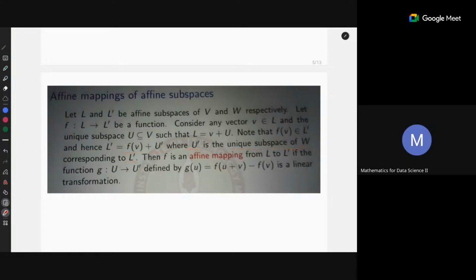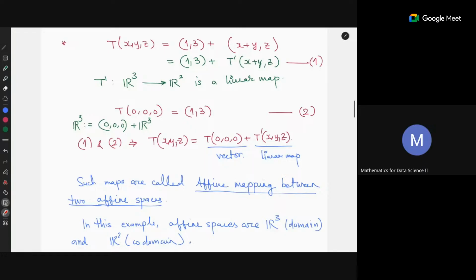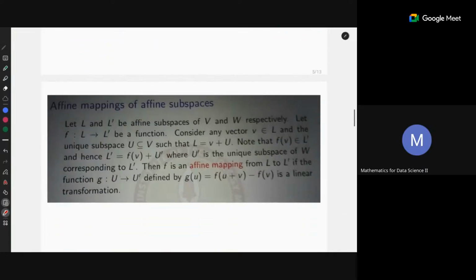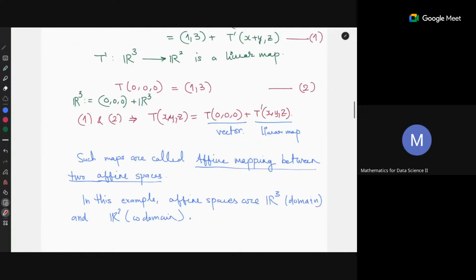All right. Then F is an affine mapping from L to L prime if the map G, which is defined as the subtraction, okay, that is what I mentioned earlier, you need to subtract this thing: the image of the representation vector V plus U, where U is the vector that you have taken from here, so it is f of U plus V minus f of V. This is what I did over here. If you subtract, then you will get a linear map.